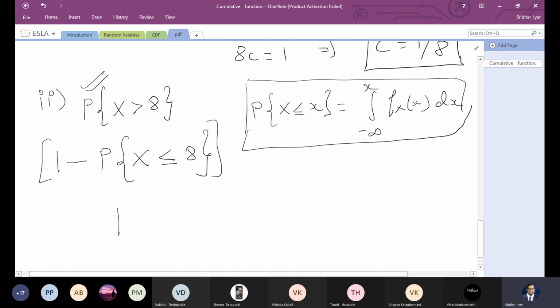Therefore, you'll have 1 minus the integral of f_X(x) dx, right? And you'll have to be very careful with the limits. See, the property is from minus infinity to some x.